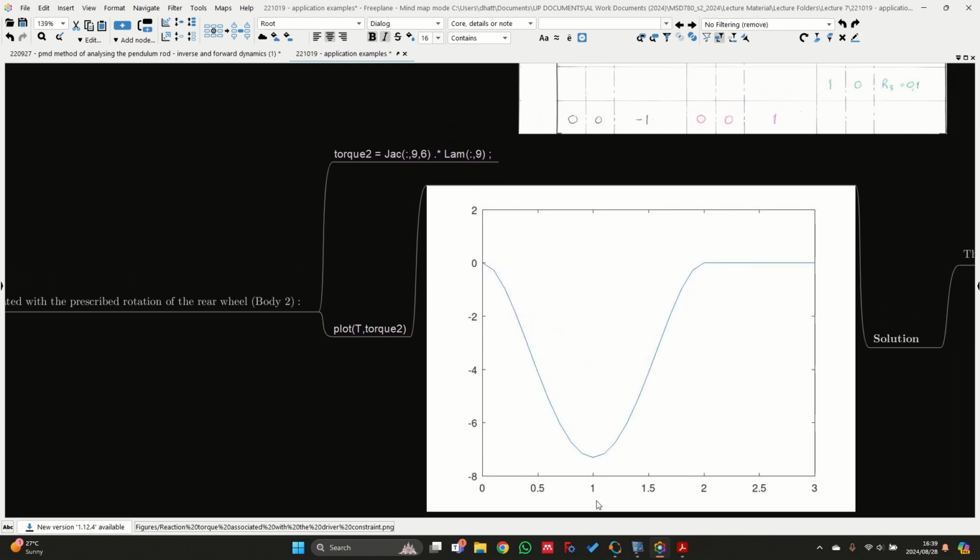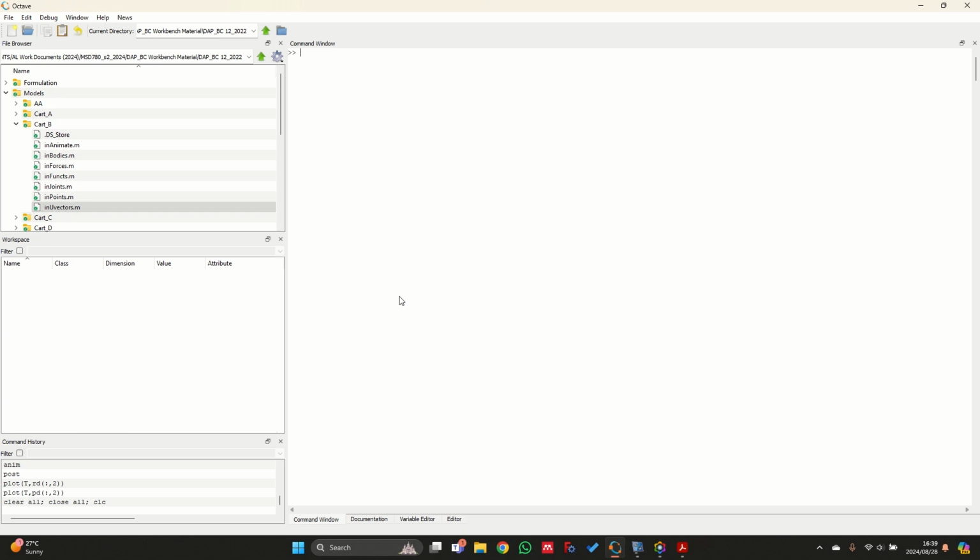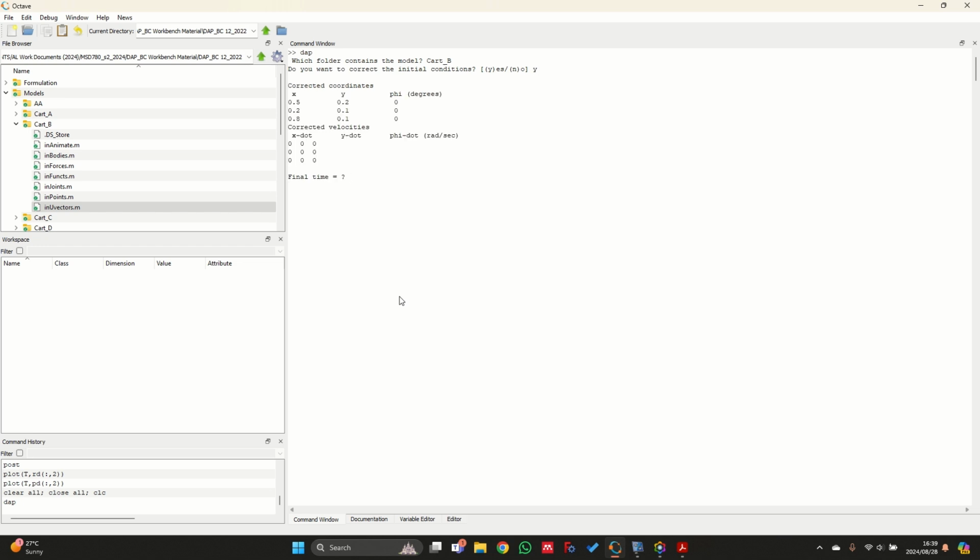I'm going to go back over here, say clear all, close all, and we can run DAP again for card B. We still correct the initial conditions. We use a final time of 3 seconds and a reporting time step of 0.1.